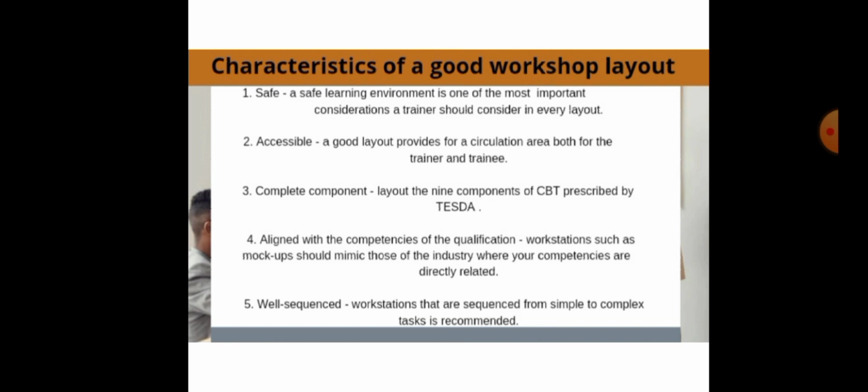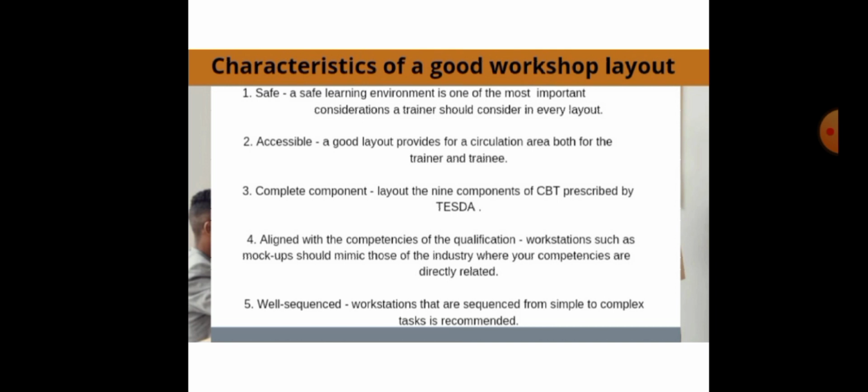Second one is the accessible. A good layout provides for a circulation area both for the trainer and the trainee. If possible, divisions or partitions are limited to reduce obstruction to the sight of the trainer as the training is going on.